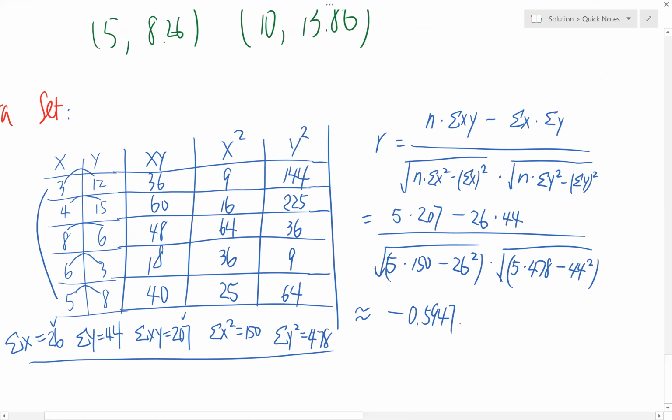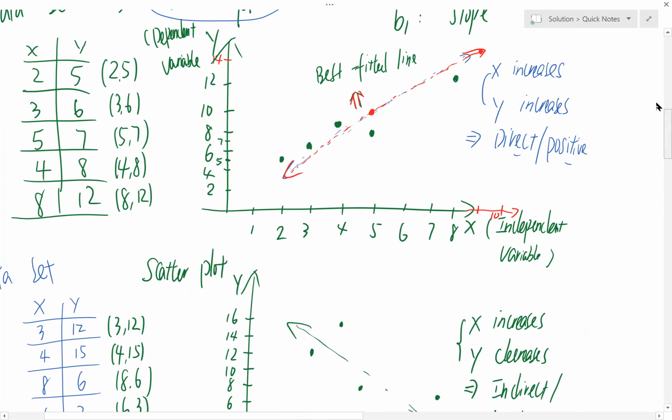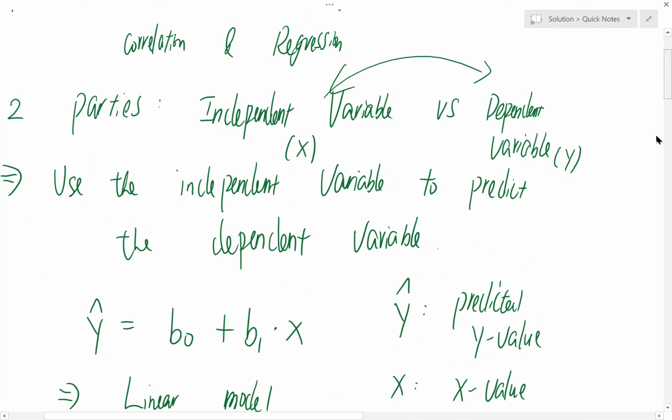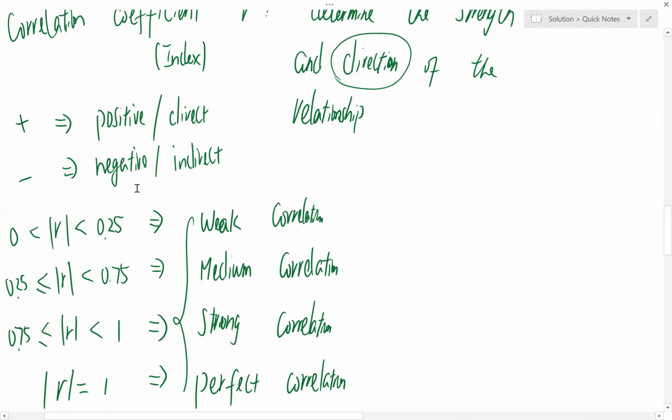So what this tells us, first of all, is that it's a negative or indirect correlation, meaning when x increases, y tends to decrease. And we also know this value will be medium, right? You have weak, medium, and then strong.